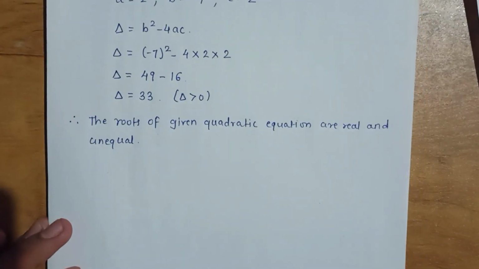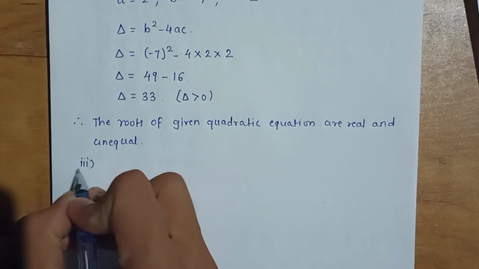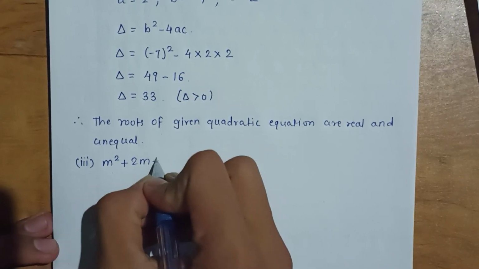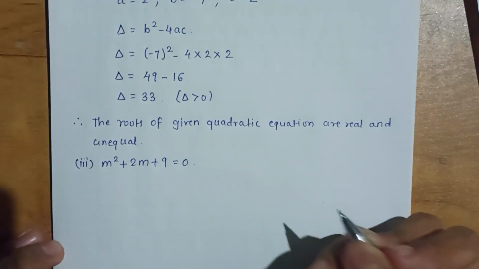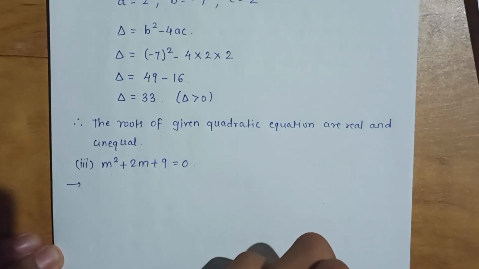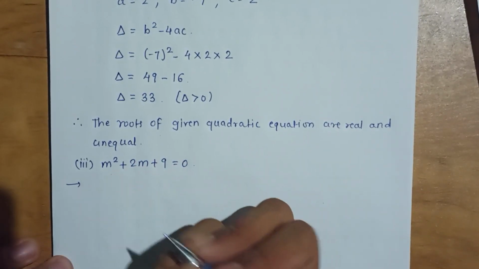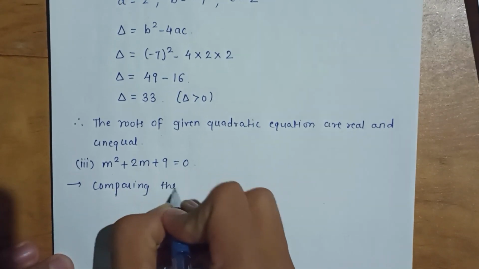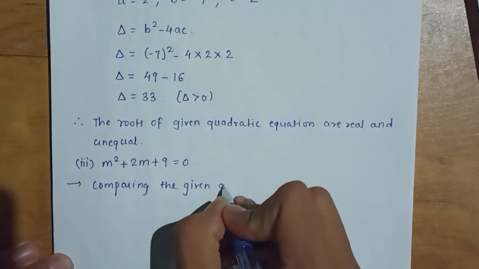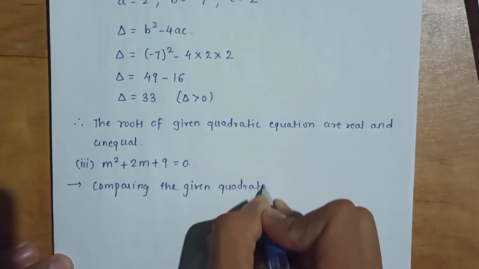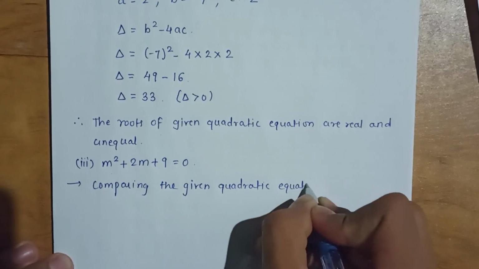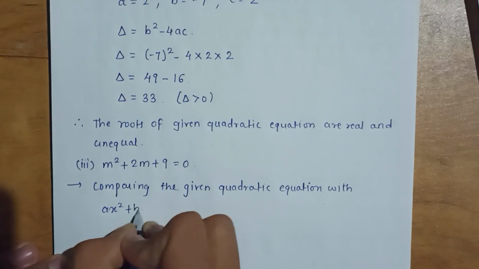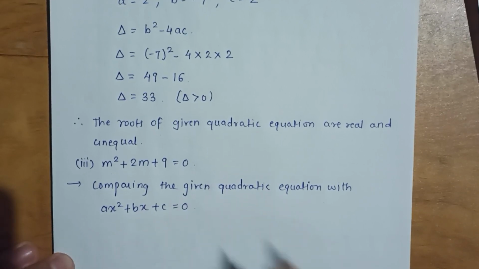Now we will see the third sum. The third question is m square plus 2m plus 9 equals 0. Similarly, first we will compare this with the standard quadratic equation, ax square plus bx plus c equals 0.